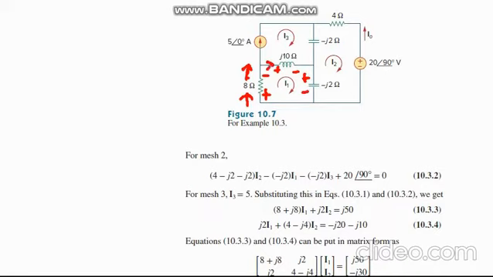So in this loop we have to determine the polarity first of all, and all the loop currents are in the clockwise direction as you can see. Okay. Now look at it. That's an 8 ohms.